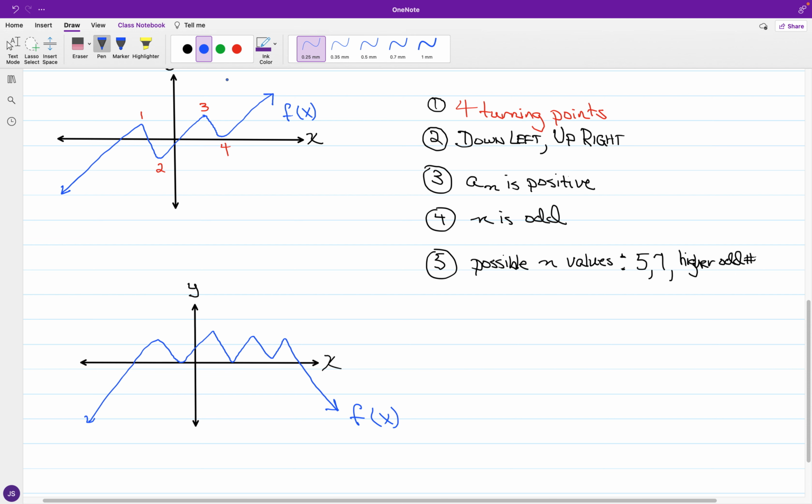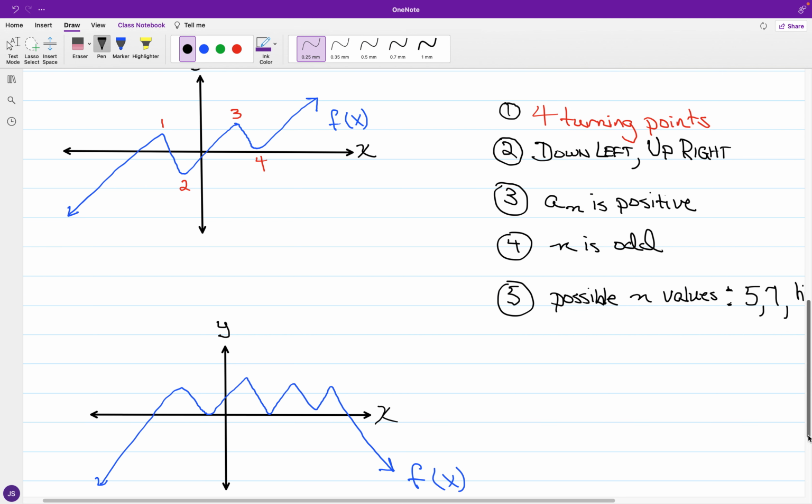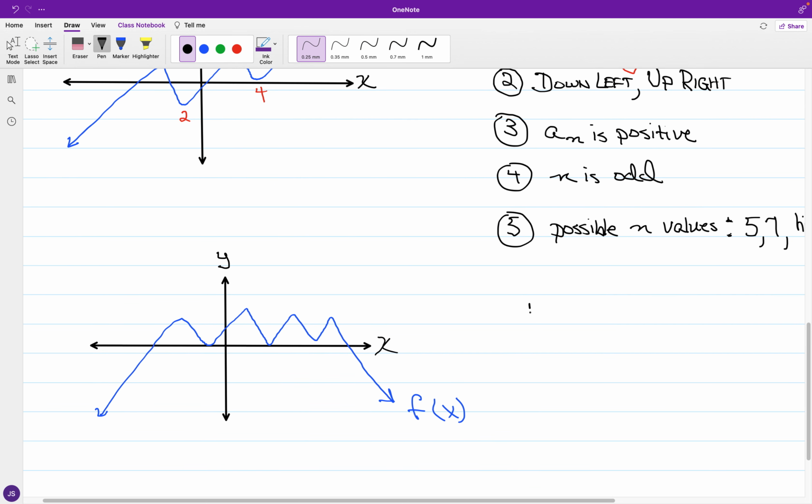And for this function, f of x, if I count up the number of turning points, you're going to have a relative maximum, then a minimum, and you can have alternating relative minima and maxima. And so in this case, we have a combined total of 7 turning points.